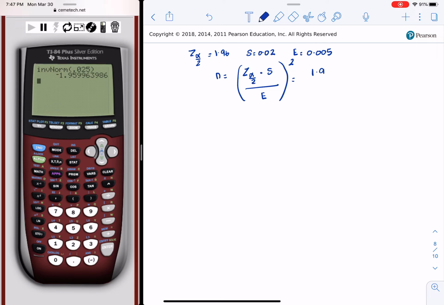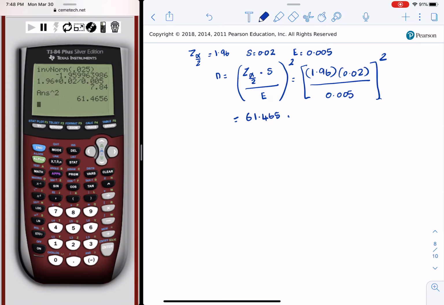So we have 1.96 times 0.02 divided by 0.005, squared. And we get a sample size of 61.465, and we round up to have 62 pennies.